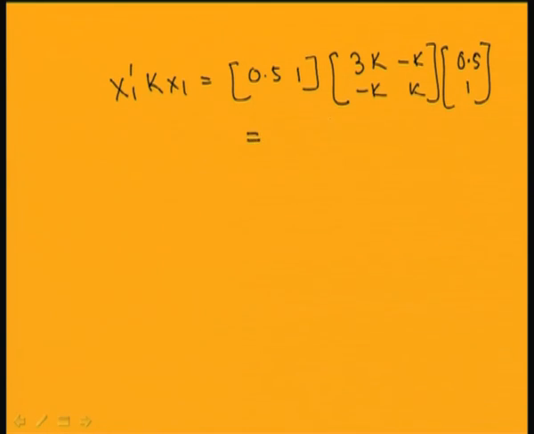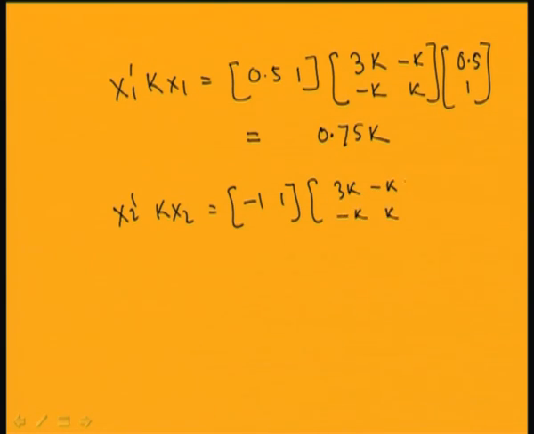If you multiply this, you get 0.75 k. Similarly, x2 dash k x2 equal to minus 1 1 times 3k minus k, minus k k, times minus 1 1. If you multiply this, it comes to 6k.